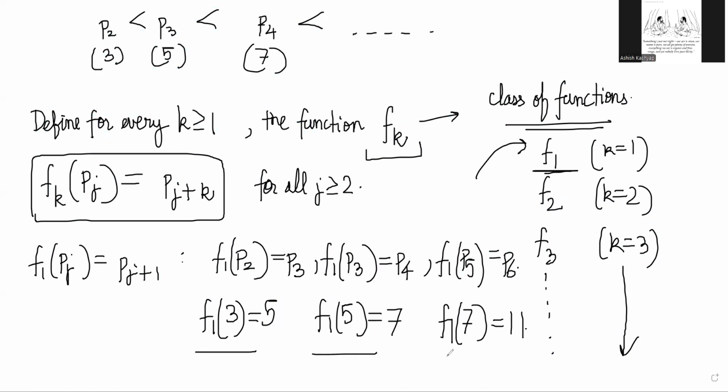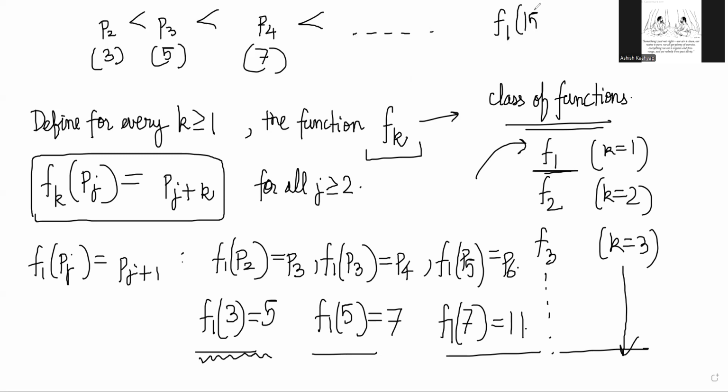So basically, we are getting a set of values of the f of 1 function at each of the prime numbers, right? How are we defining it? We are saying at any prime number starting from 3, the value of the function f of 1 is the next prime number. And since the set of prime numbers is infinite, you can always find the values of the function at each of the prime numbers by finding the next prime number to it, right? From here, you will be able to construct any value for f of 1.